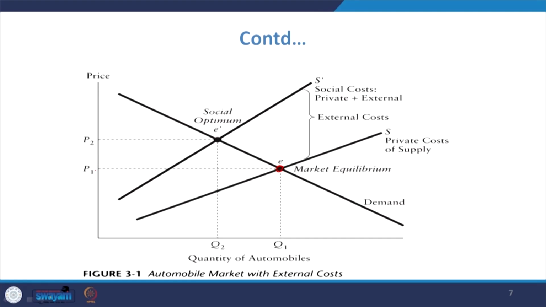Now, if we want to include the marginal external cost, or externalities, then the supply curve will shift from this private cost to a new supply curve, which is also known as marginal social cost. And marginal social cost intersects the marginal benefit curve at point E1. So, movement from E to E1 is at a higher level of price and lower level of quantity. So, obviously that reduces the pollution in the economy.